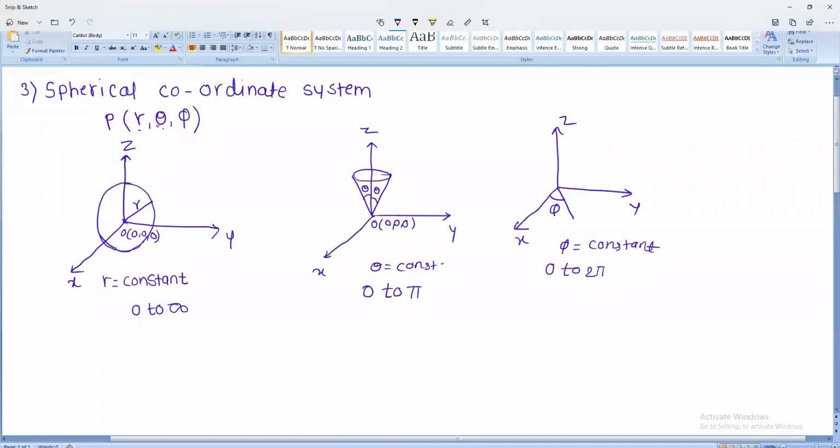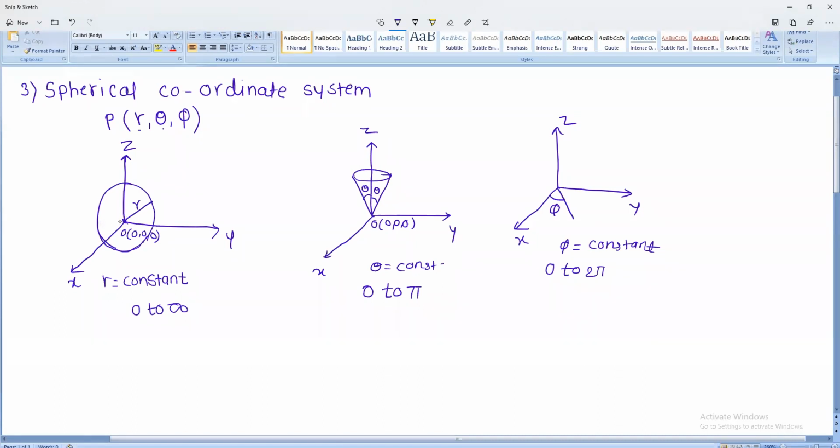It has coordinates r, theta and phi. So first consider the coordinate r. Now r is the radius of the sphere, and the origin is nothing but the center of the sphere. Just imagine, take a ball in your hand and consider its center at the 0 point.